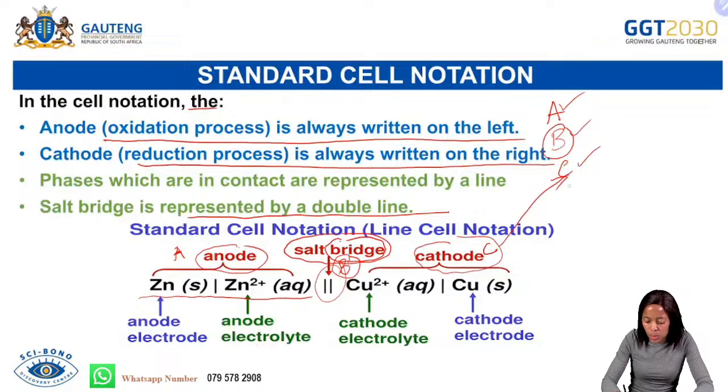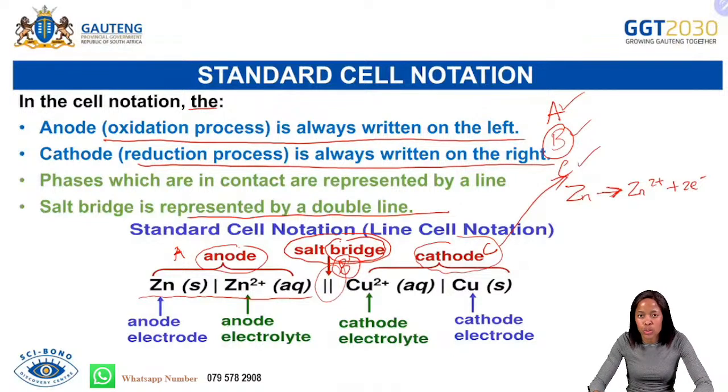Okay, so what is it that we did now? This was your oxidation half reaction. We had Zn to give us Zn2+ and 2 electrons. So it means that the Zn was at the top. Hence, that's why the Zn went through oxidation there.